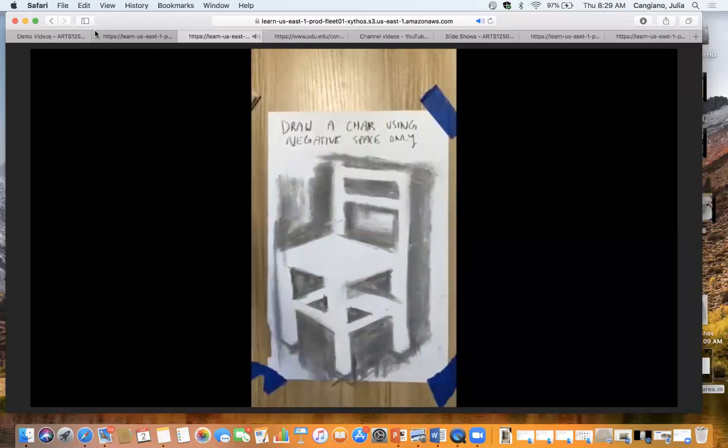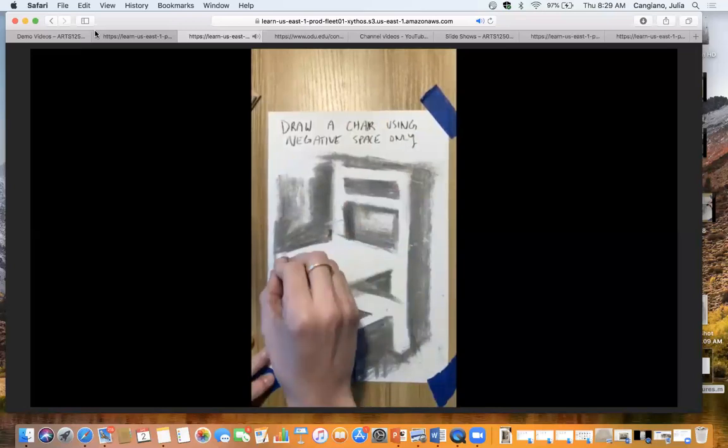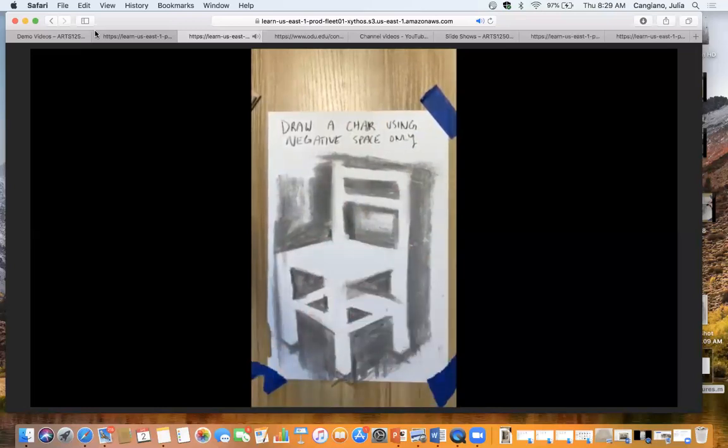For this, I was using fine vine charcoal, super soft, very mobile charcoal, because I wanted to be able to move it around.